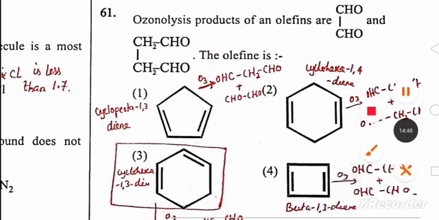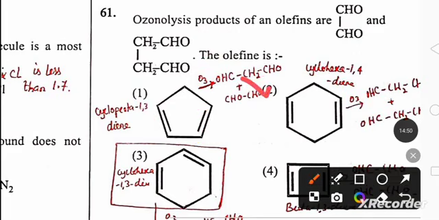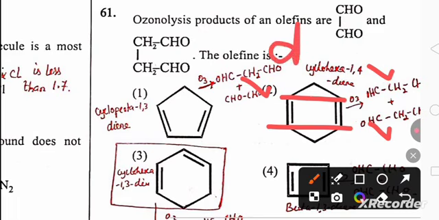The second option is cyclohexa-1,4-diene. When this undergoes cleavage, exactly you will get 3 carbon aldehydes, but in the options a 3 carbon dialdehyde is not there. One is 2 and one is 4.